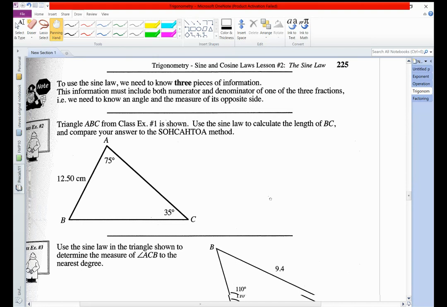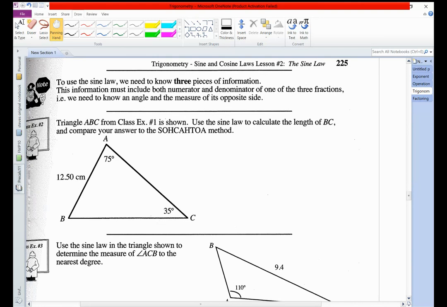So we'll skip to the top of page 225. So it says here, to use the sine law, we need to know 3 pieces of information. And if we look at our formula, maybe I'll put it over here. a over sine of A is equal to b over sine of B, which is equal to c over sine of C. In order to use this formula effectively, we need to know an entire part of this.